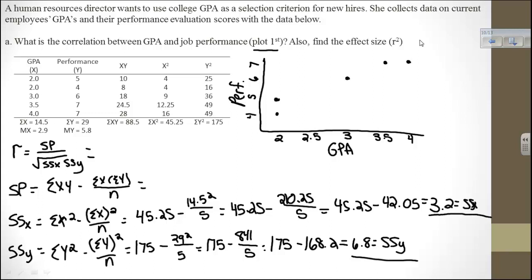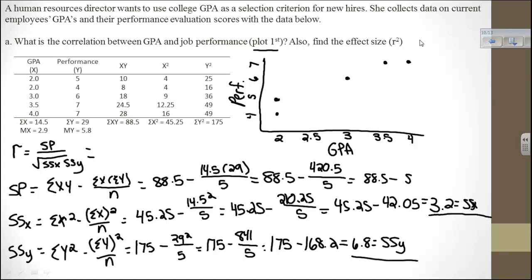Sum of products. All right, so 88.5 minus 14.5 times 29 over 5 equals. All right, got our sum of products.